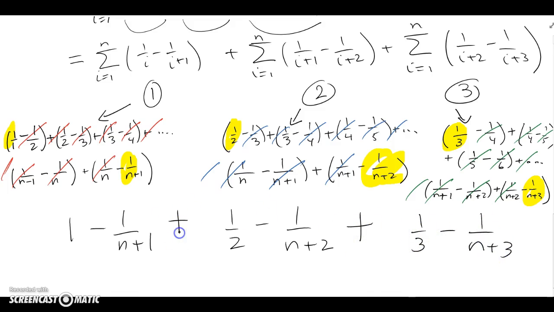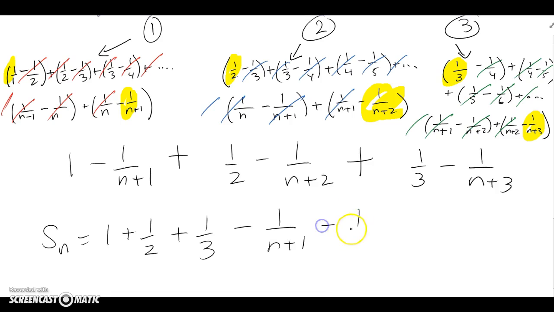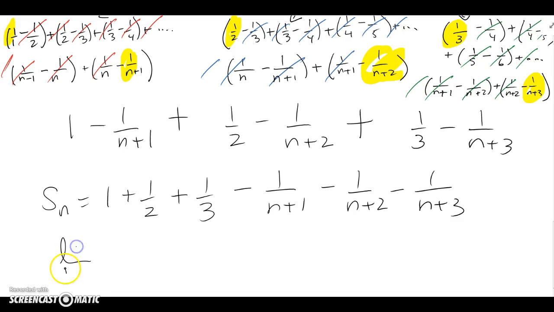And I'm adding all of these. So my nth partial sum is really these constants at the beginning, and those same last three guys that were left from before, and again, the limit as n goes to infinity of s sub n, these last three guys will go away and we'll end up with 11/6.